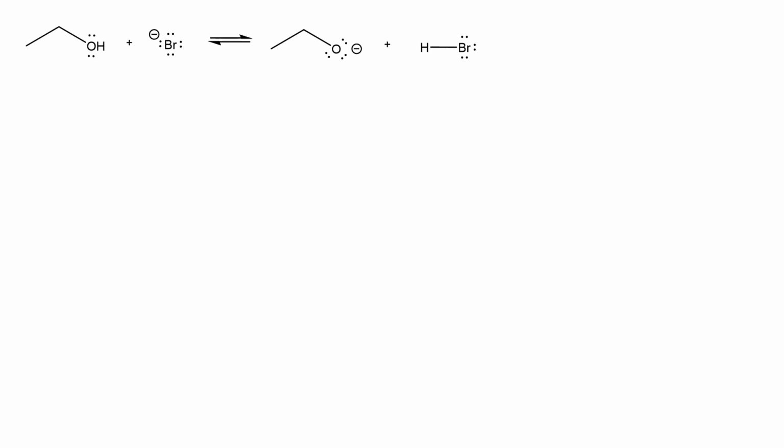Now I've taken that same reaction, the reaction we just did with HBr and O-, and I've changed the sides. This is going to be our reactant now, and this is going to be our product. Okay, we're doing the reaction the other way, right? And so let's look. We know that the pKa of an alcohol is about 16.